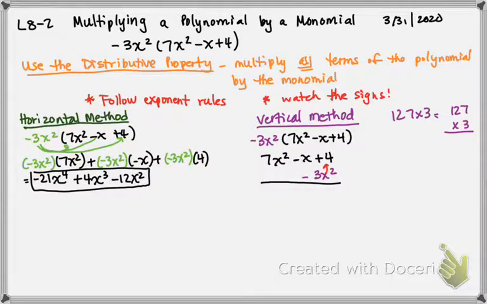We multiply 3 times the 7 first. We're going to do the same thing here. So we're going to multiply negative 3 times 4 is negative 12x squared. Now the great thing about this multiplication is that we don't have any carrying that takes place. Negative 3x squared times negative x is going to give me a positive 3x cubed.